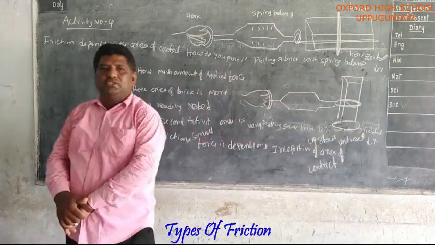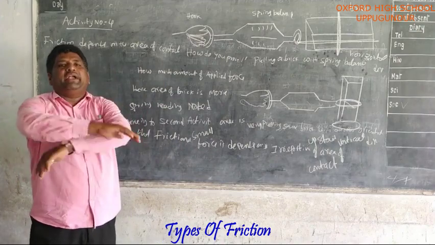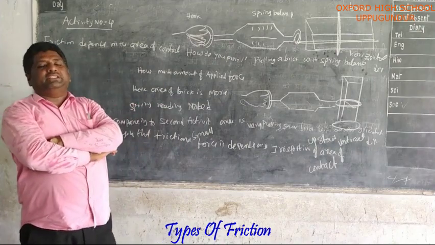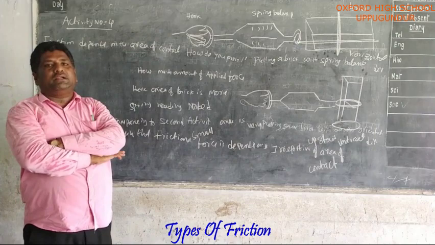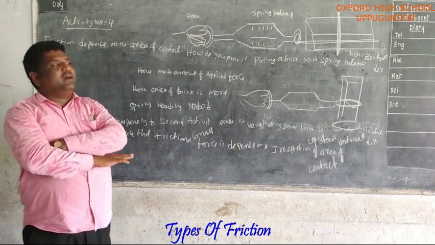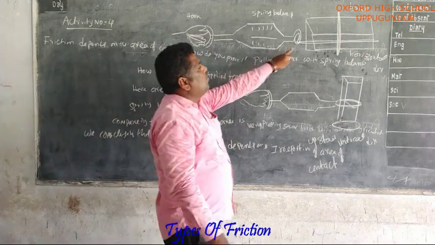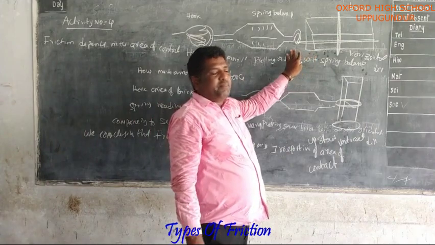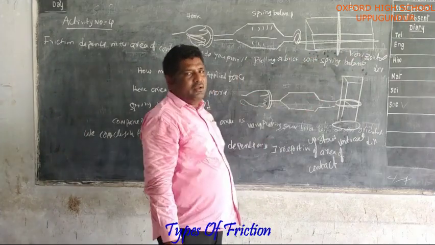Today in this class we are discussing your friend's claim that friction depends upon the area of contact, and how do you prove it. First, I will take one brick, kept in the horizontal direction.